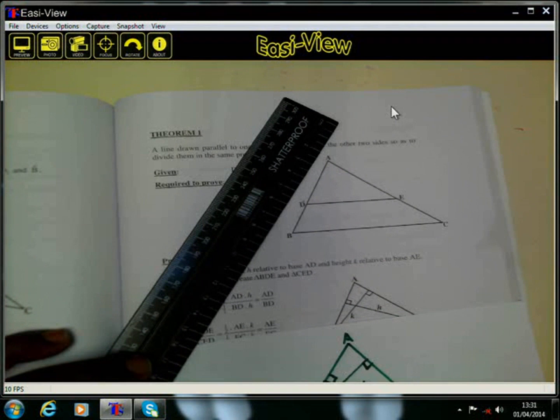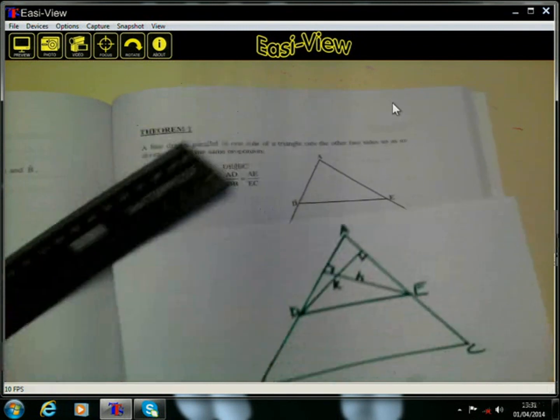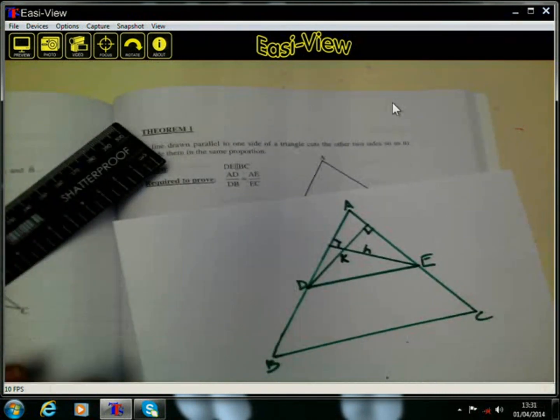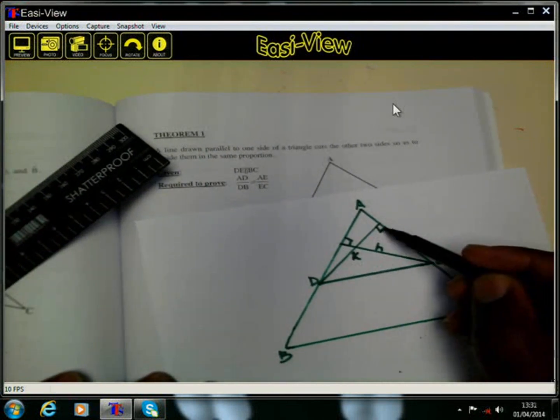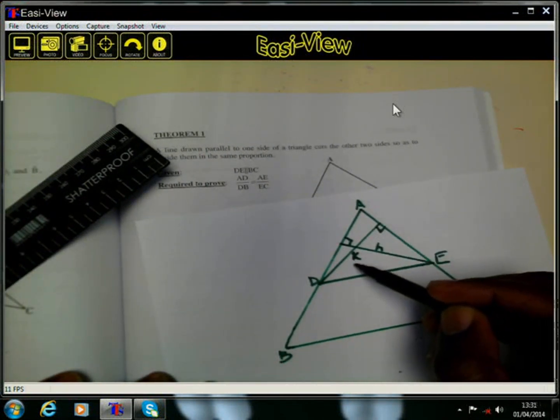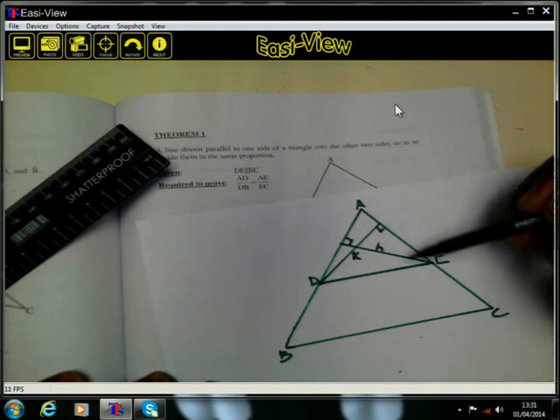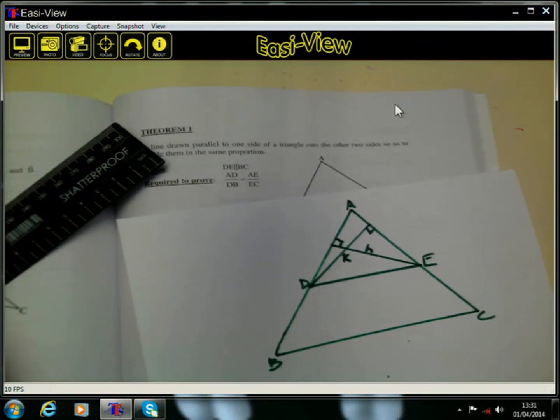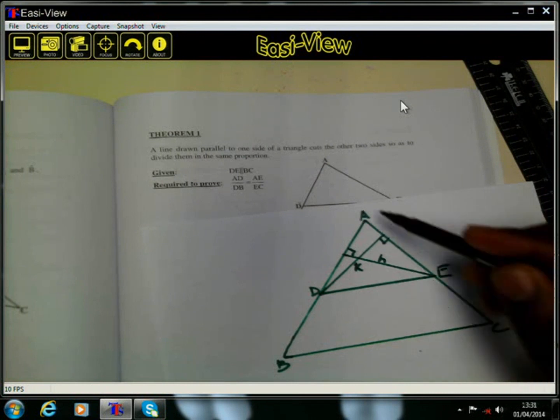Such a line will also be a height, which this time I will refer to as k, just to differentiate between the two. This one is a height which I will refer to as small k, and this one is another height, which I'll refer to as small h. When AD is the base, the height is h. When AE is the base, then the height is k. That is the first construction.